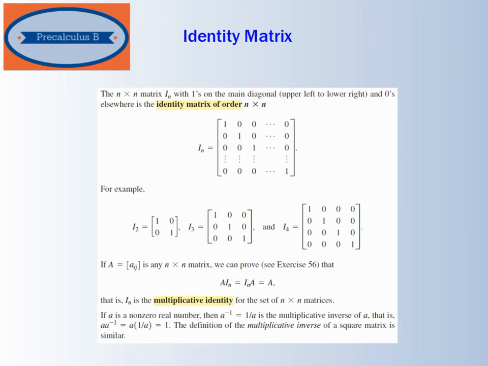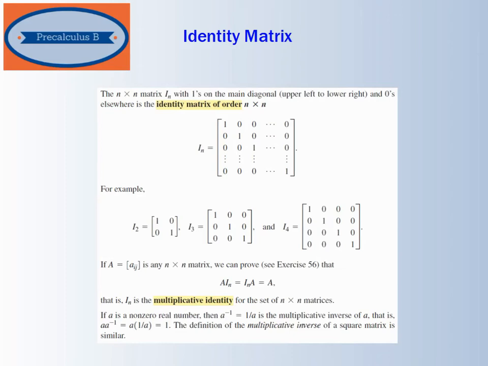So what is an identity matrix? We know how the numbers go, but what's the point? How does it work? Well, if we multiply the identity matrix times another matrix, we're just going to get the same matrix. It's like if you multiply the number 1 times 3, you get 3. You multiply the number 1 times 10, you get 10, right? When we multiply any number times 1, we get the same number.